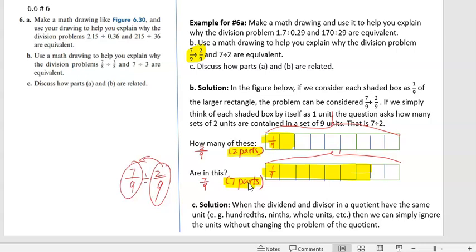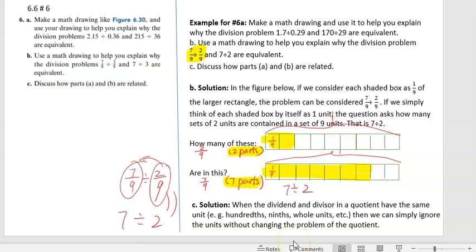Well, 2 parts can go into 7 parts how many times? That's why it's exactly like doing 7 divided by 2. If we just think of the parts, not the size, it's exactly doing 7 divided by 2. So when we divide either the fractions or whole numbers, we get the same answer.